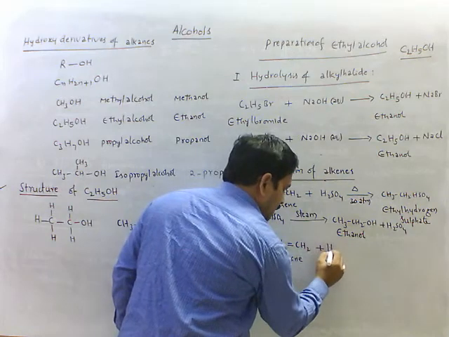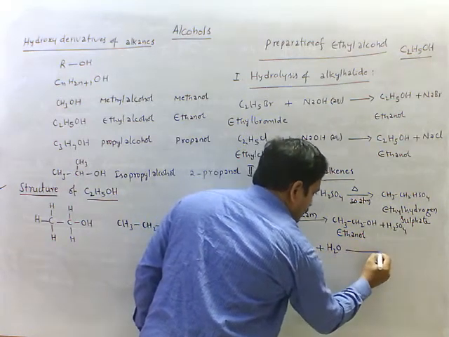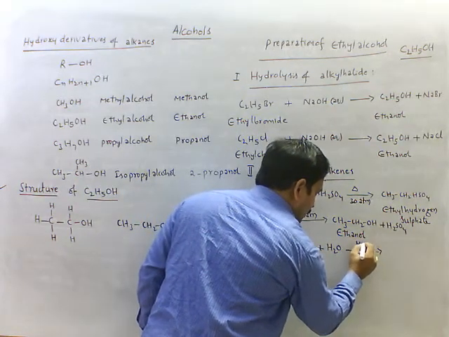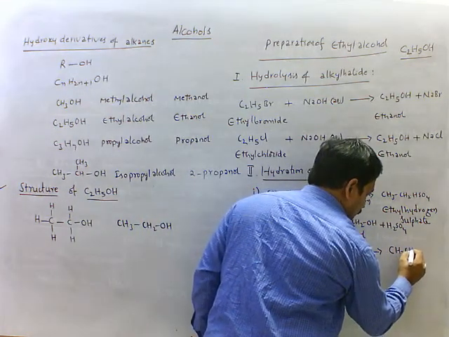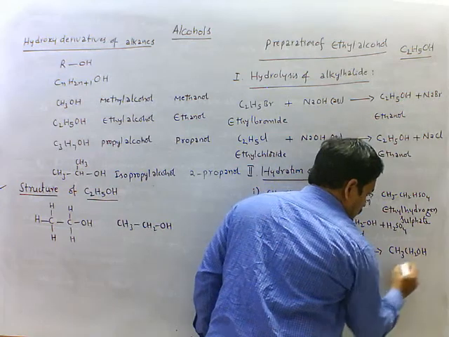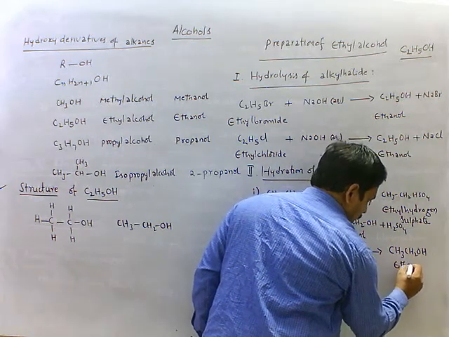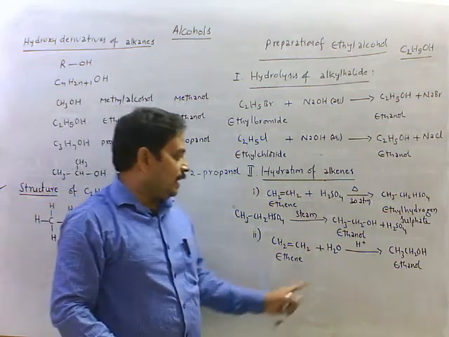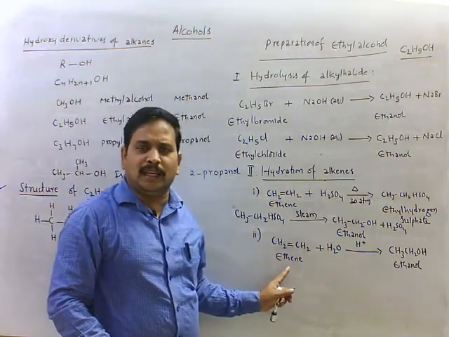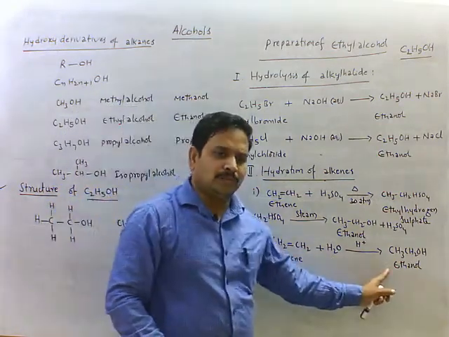Upon hydrolysis in the presence of acidic medium, we get CH3CH2OH. This is ethanol. Acidic hydrolysis of ethylene gives ethanol.